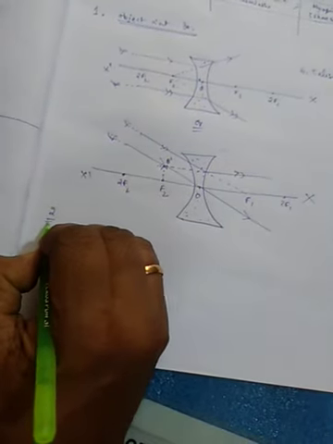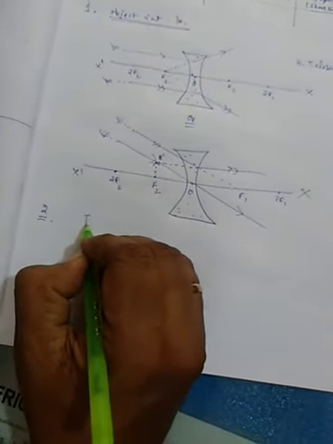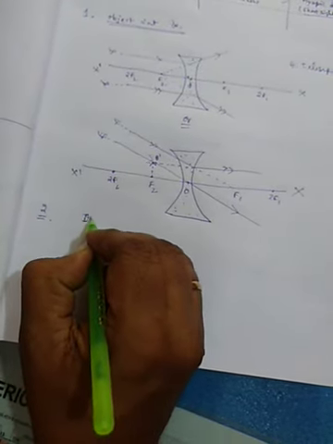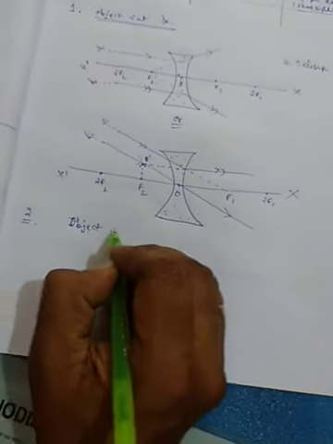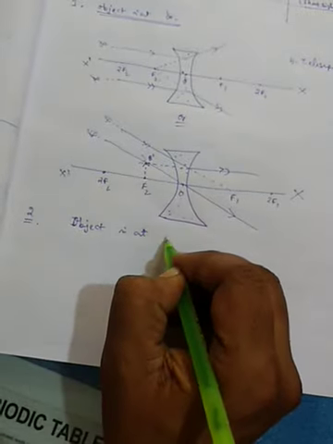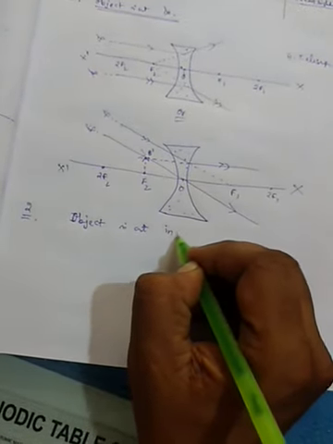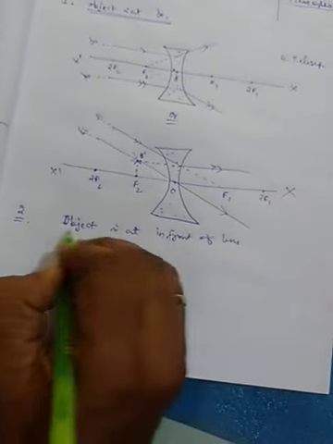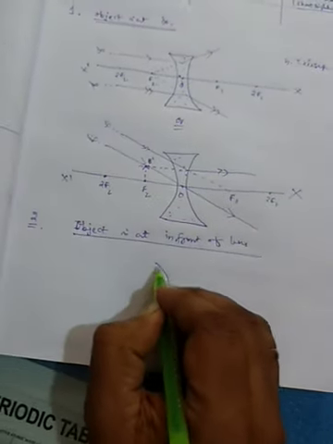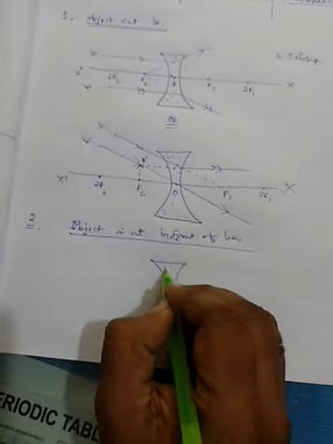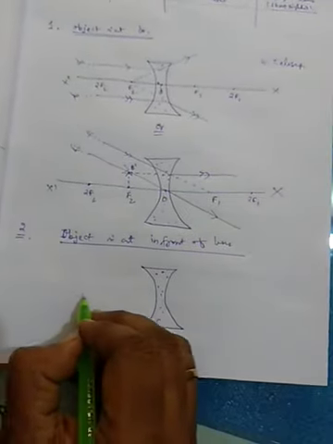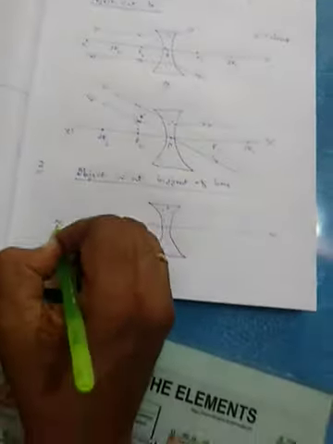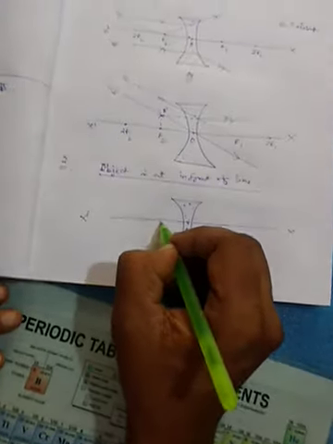Now the second position diagram: the object is in front of the lens. First draw the concave lens. This diagram is very easy. X and X dash is the principal axis, and the optic center.